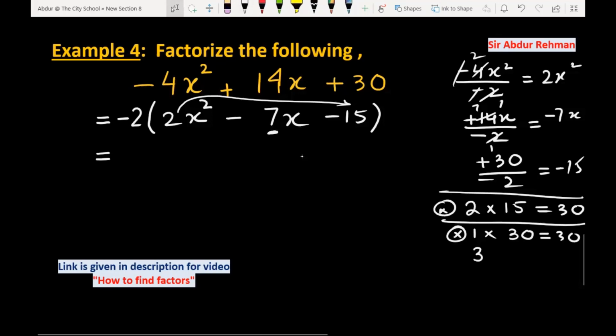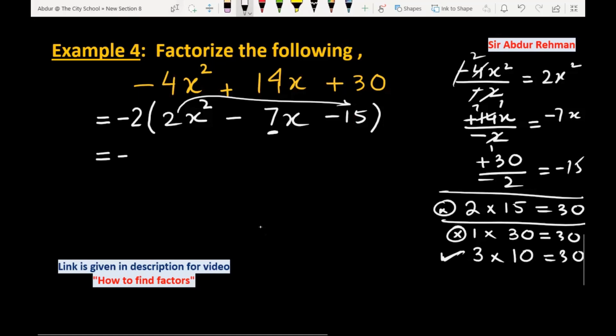Now try with 3. 3 times 10 is 30. 10 plus 3 is 13 and 10 minus 3 is 7. Yes, 10 and 3 with minus is the correct factor here.